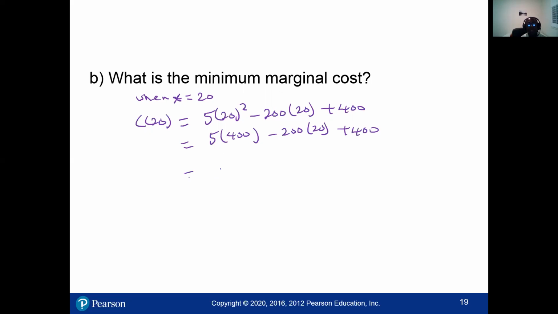Okay, 5 times 400 is 2,000. Minus 4 times, that is another 2,000. Okay, sorry, this is 4,000, because 200 times 20 is 4,000. And plus 400. Let me get my calculator and evaluate that.